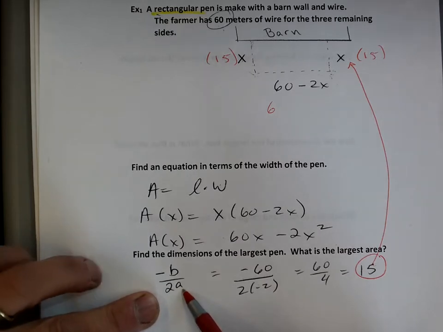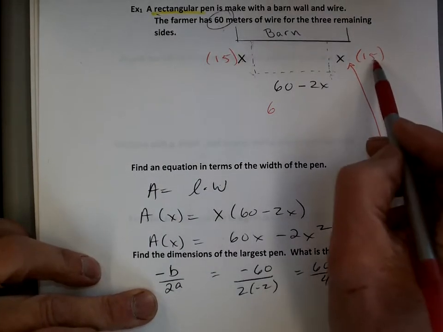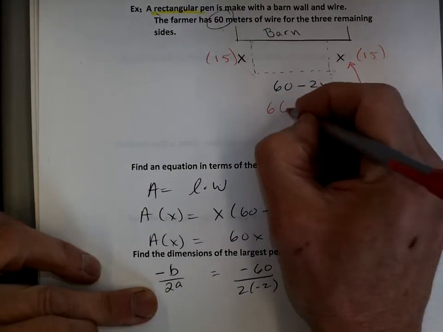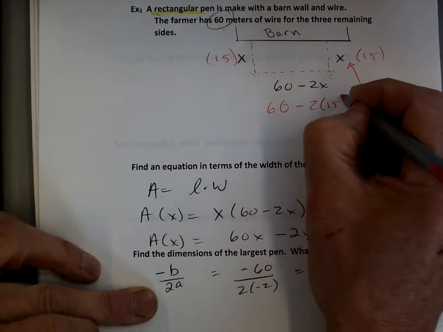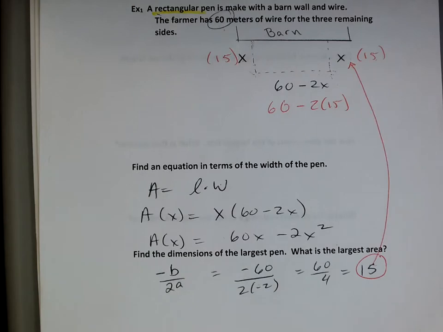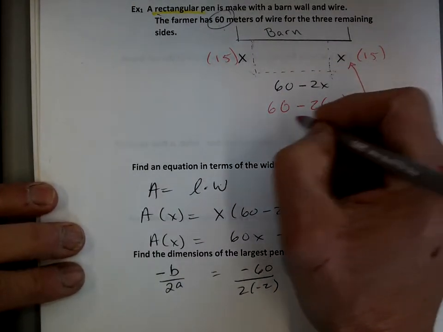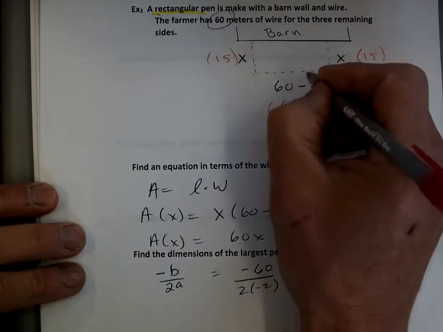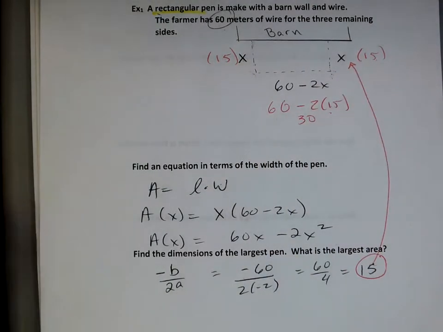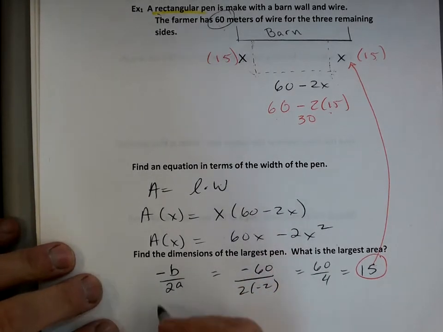Just the coefficients. So if x is 15, then the length is 60 minus 2 times 15, right? Because x is 15. And so we wind up with an answer of 30. Okay, 60 minus 30 is 30. So here are my dimensions. I want a fence, so we're going to build it.